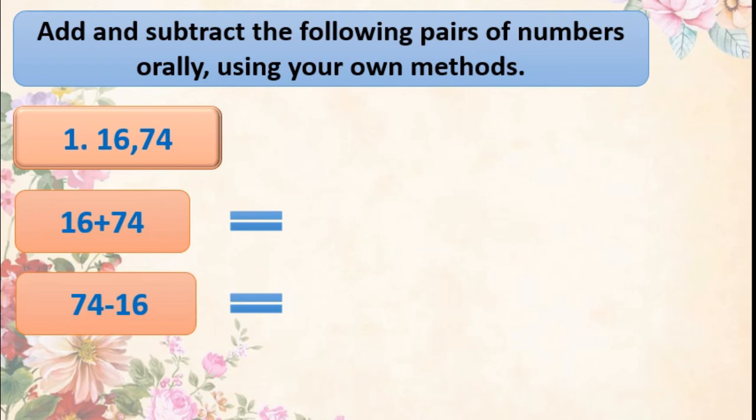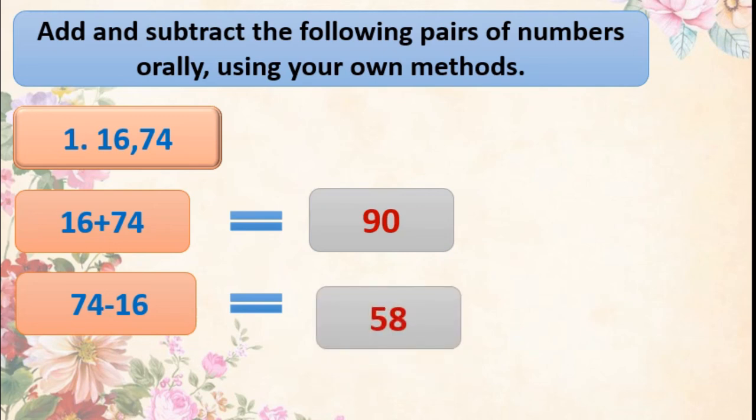If you do like this, it will become very easy to calculate. 74 plus 10 means 84. Correct? 84 plus 6 is nothing but 90. Correct? And in the second sum, 74 minus 10, that is 64. 64 minus 6, that is 58. Isn't it?